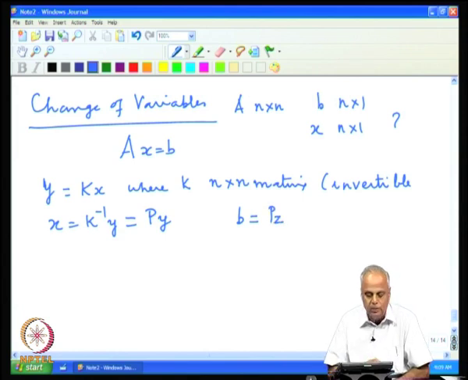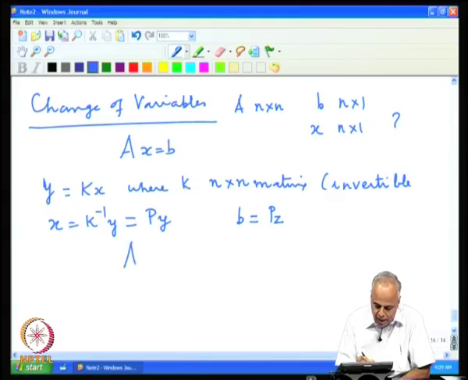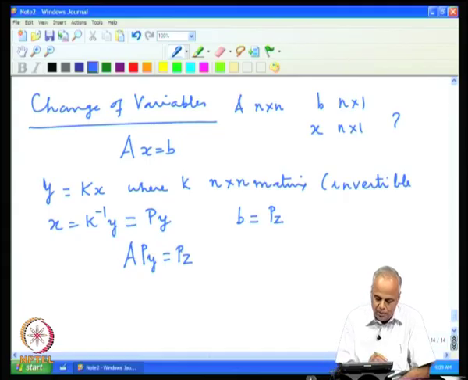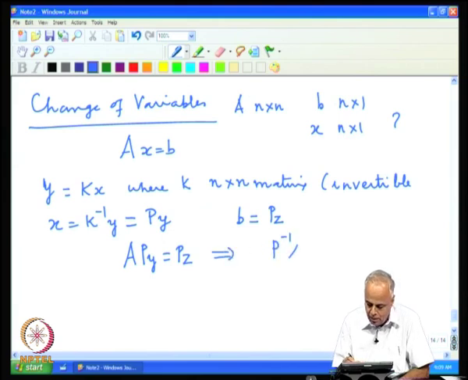So, we have introduced two changes of variables, y will be the new unknown and z will be the new right hand side, new known. So, what happens to the system? The system becomes A times x, x is p y, equal to p z, because b is equal to p z. Now, p is invertible because p is k inverse and k is invertible. So, this implies p inverse A p y is equal to z.